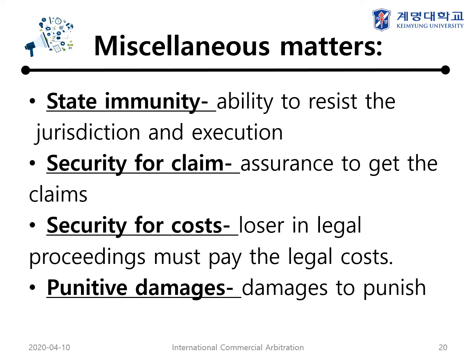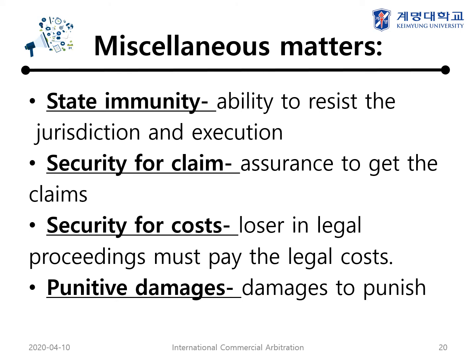Let's say the party is from the US and the other party is from Korea, they are going to consider a bilateral agreement. If it's not covered by the state immunity, it will not be applied.